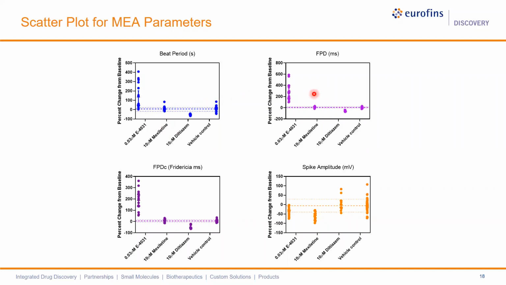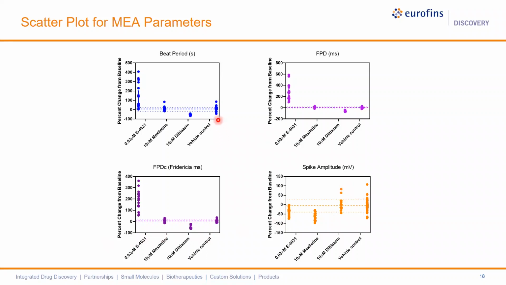And you can see the field potential increases, and it's also still there when you correct for the field potential duration. On the other hand, mexiletine, not much change except on the spike amplitude. And whereas with nifedipine, you can see it reduces the beat period as well as the field potential duration and the corrected field potential duration, as well as increases the spike amplitude.